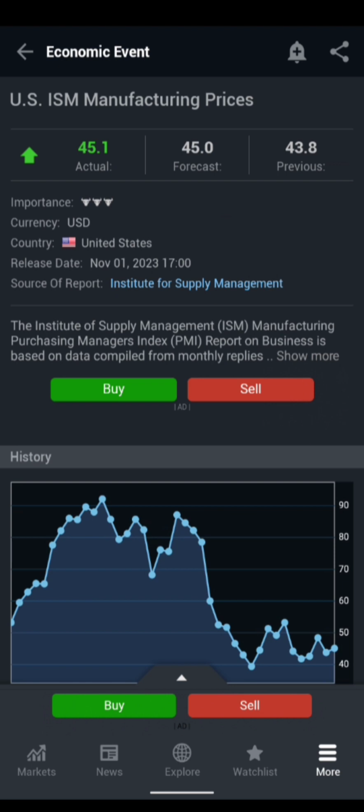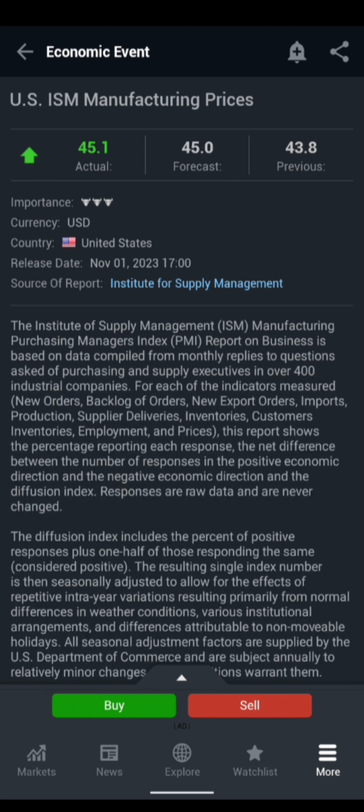It's the Institute of Supply Management, ISM, Manufacturing Purchasing Managers Index, PMI, report on business, based on data compiled from monthly replies to questions asked of purchasing and supply executives in over 400 industrial companies. So you can read through and understand the event. Importance, it has 3 bulls. It affects the US dollar.